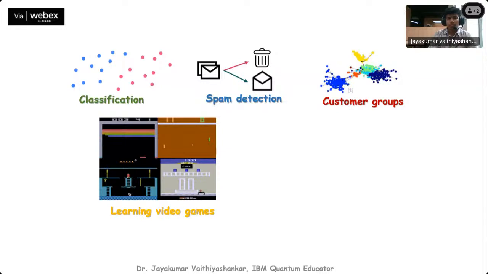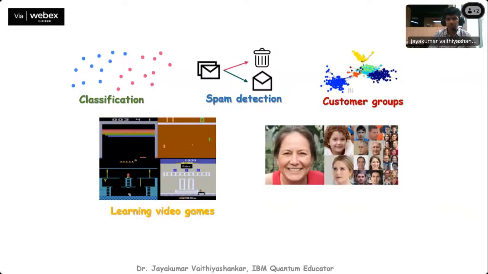You can also do learning from video games. You can create a machine learning model that looks at objects and identifies patterns. Subsequently you can move to generating images and text, like generative intelligence.